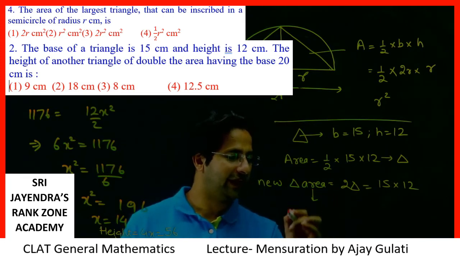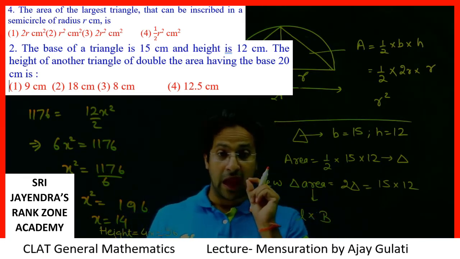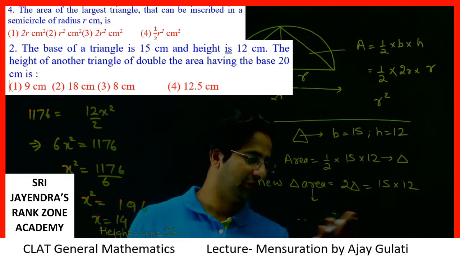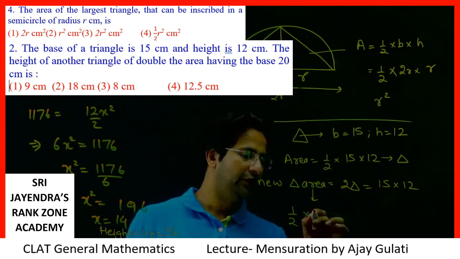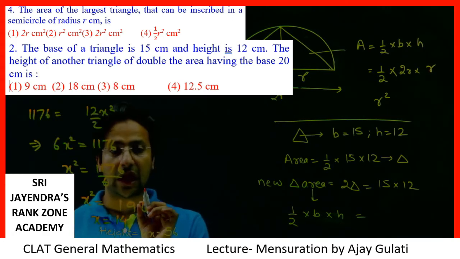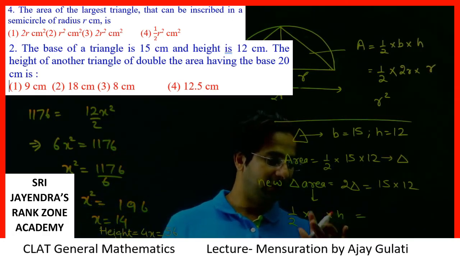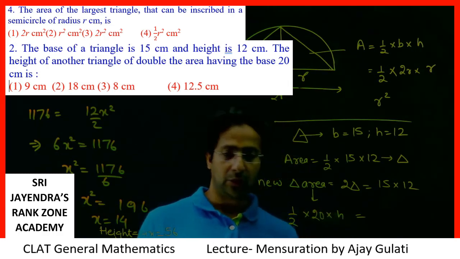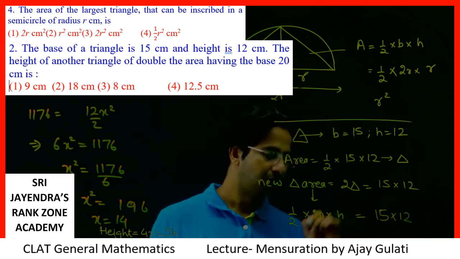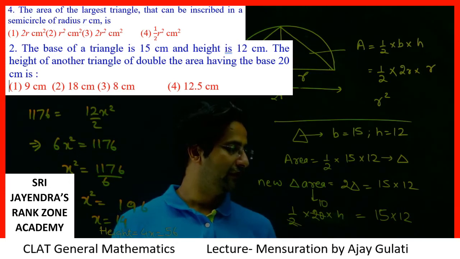And what is the area? Half into base into height. I read out again, the height of another triangle of double the area having the base 20 centimeter. So what is the base? Base is equal to 20. Height I need to find out, and area is 15 into 12. Okay. If I cancel this by 2, it comes out to be 10.